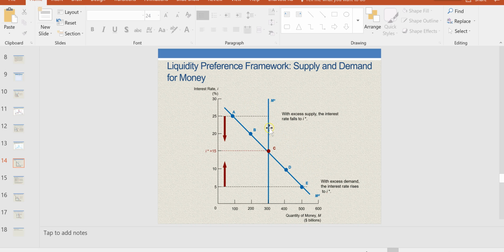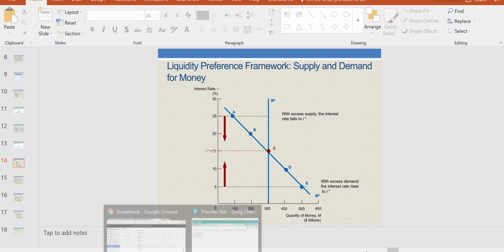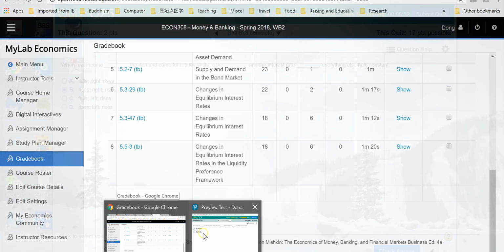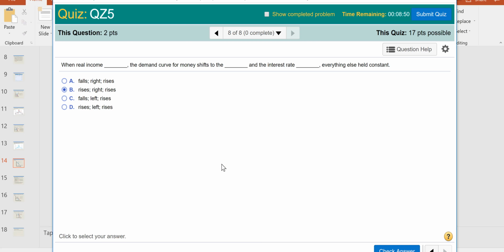The new equilibrium interest rate will rise, compared to here, the point will be somewhere here. So the equilibrium interest rate will increase. And if you decrease real income, then money demand will decrease, and hence the interest rate will also decrease.